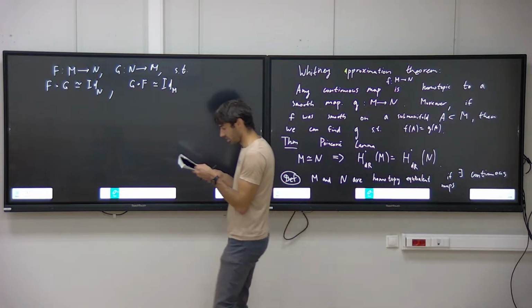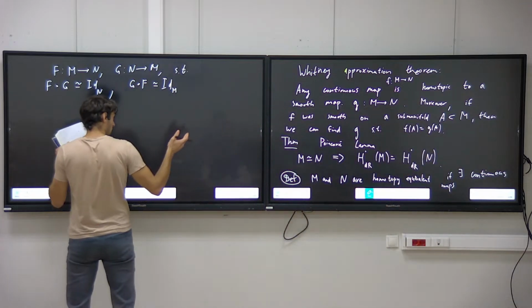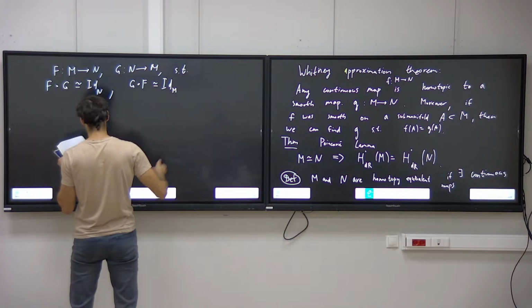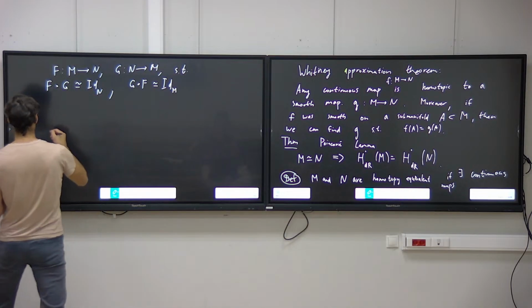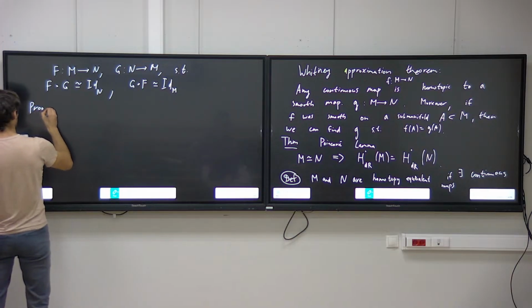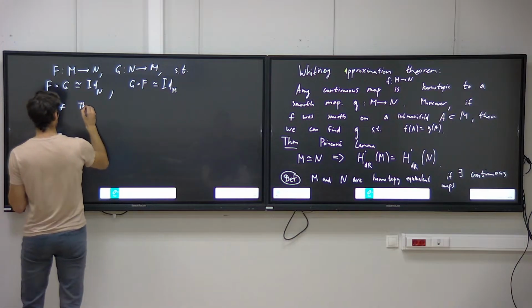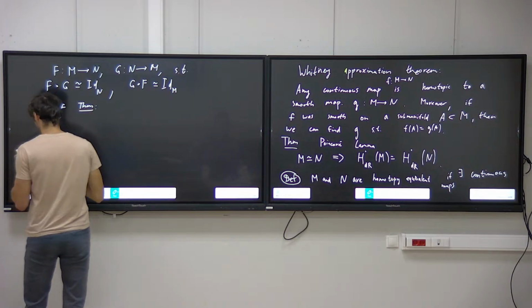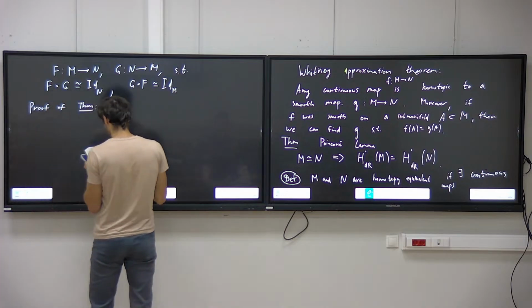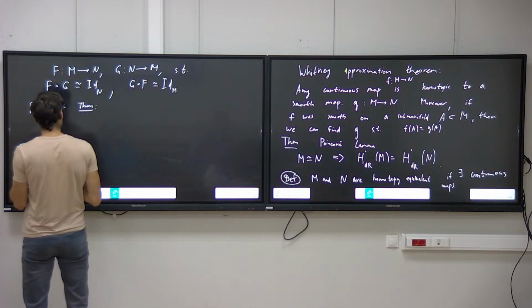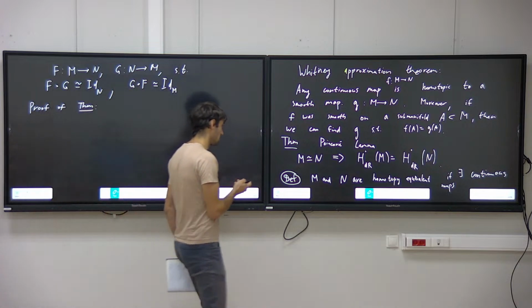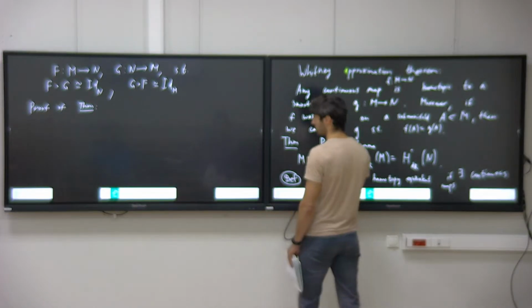All right. Well, we already have everything, and we just use the Whitney theorem, so it's very easy to prove this one. So, proof of theorem. I have two continuous maps, right?